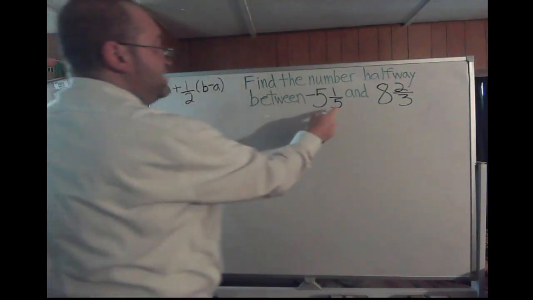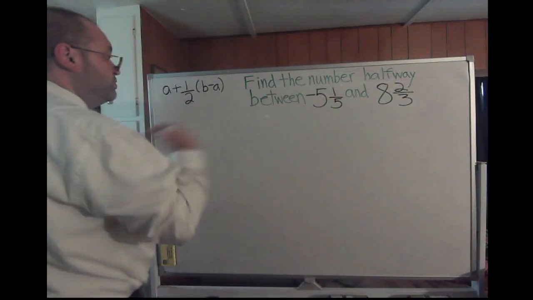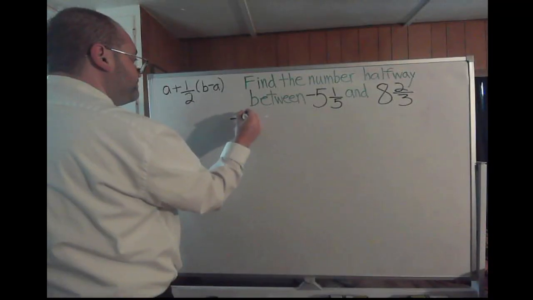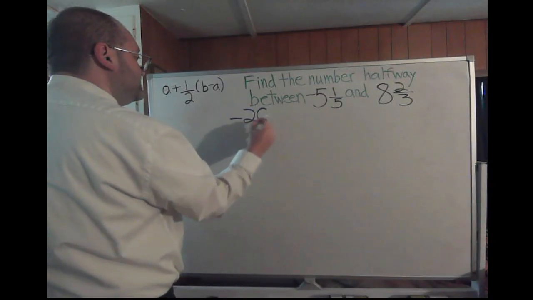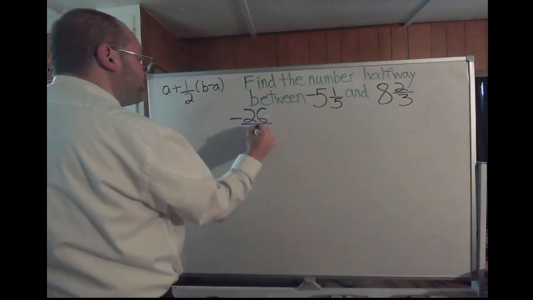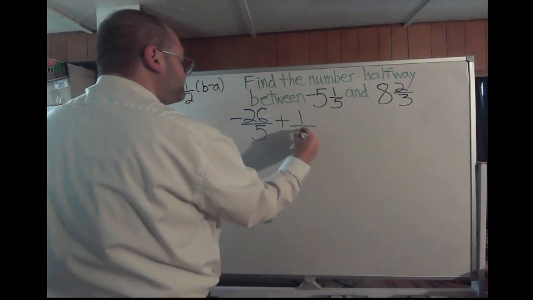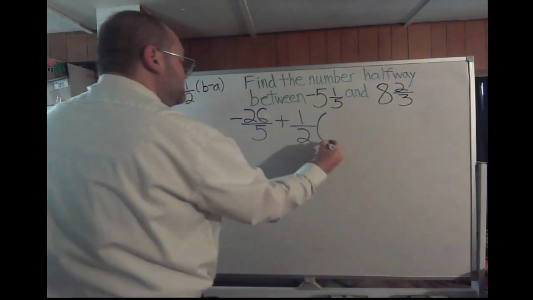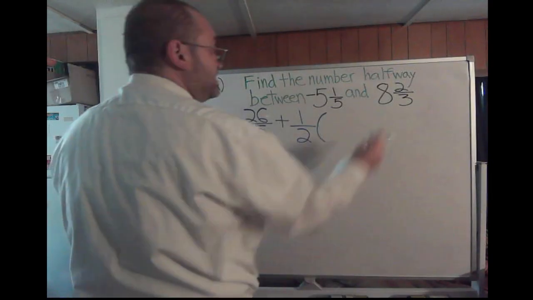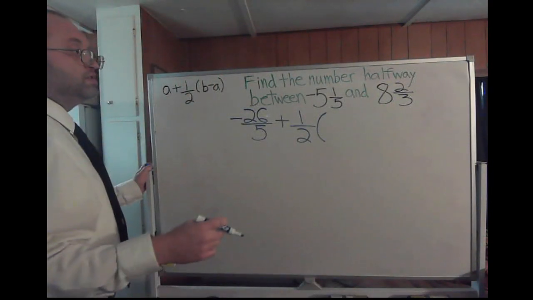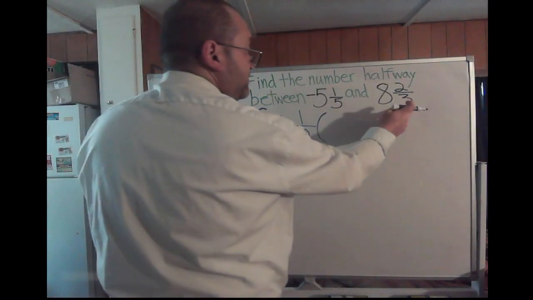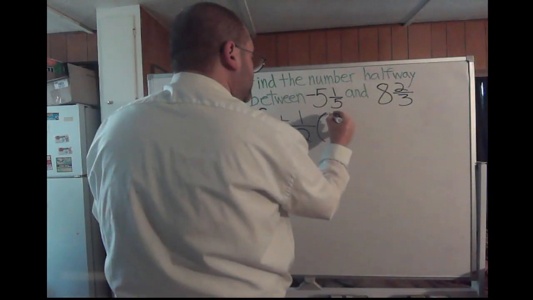So negative 5 and 1/5, that would be negative 26/5, right? So you'll have negative 26/5 plus 1/2 times your second number, which is 8 and 2/3. 8 and 2/3 as an improper fraction is 26/3.